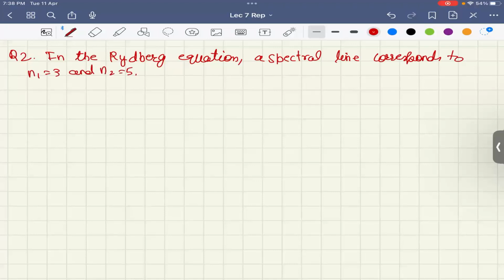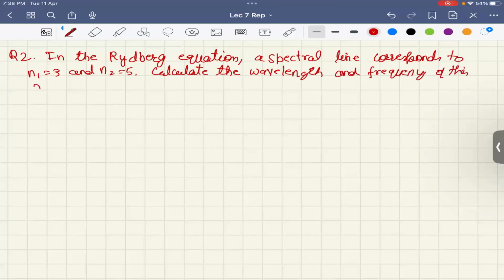So what we are asked is to calculate the wavelength and frequency of this radiation, or of this spectral light.